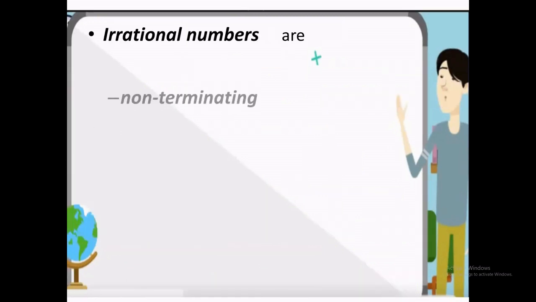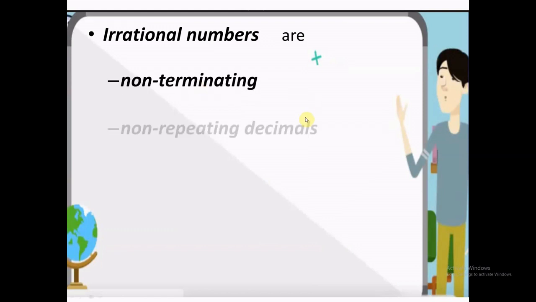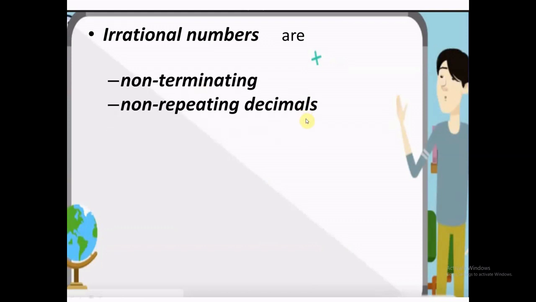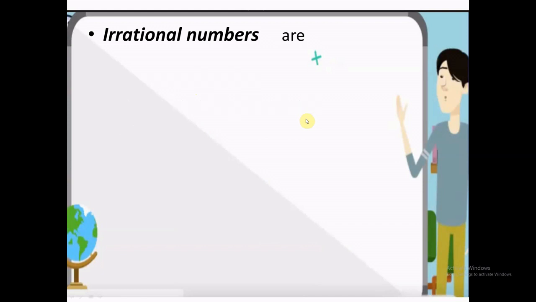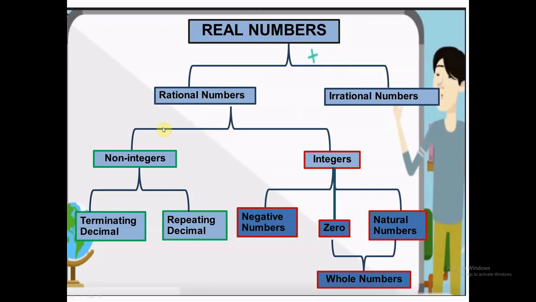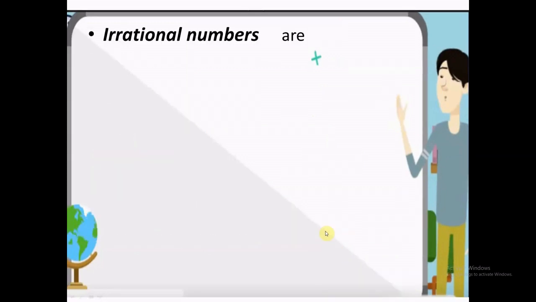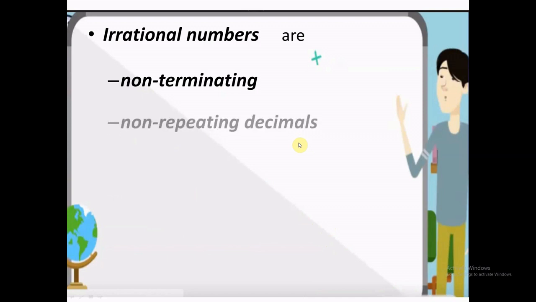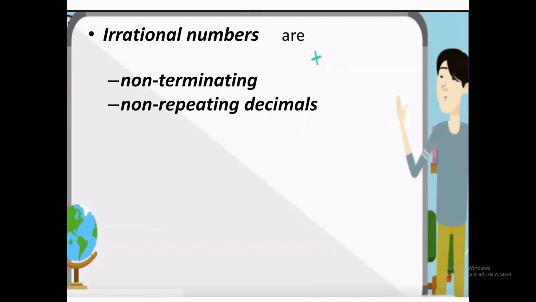Irrational numbers are non-terminating and non-repeating decimals. Rational numbers have terminating and repeating decimals. Irrational numbers are non-terminating. It never stops and it never repeats the decimal values.